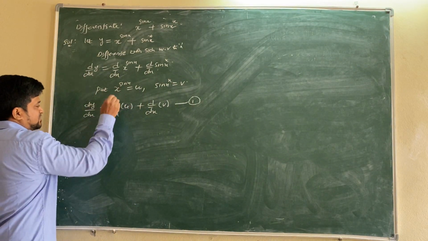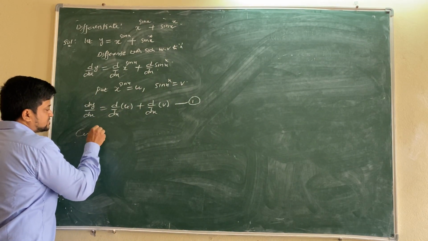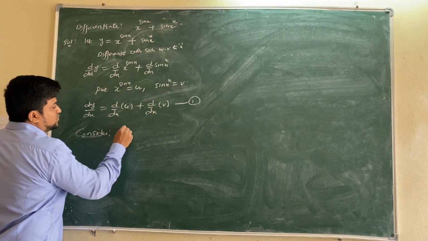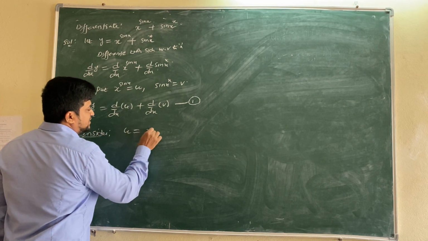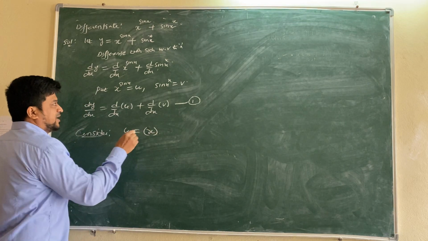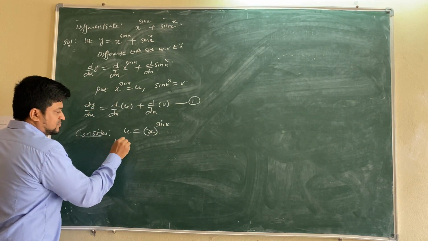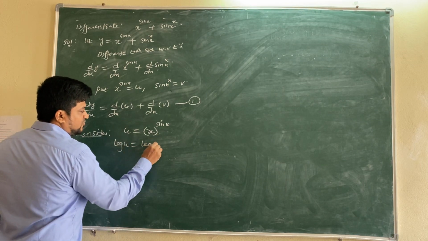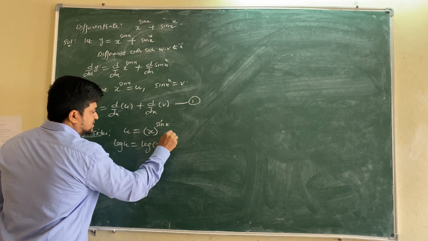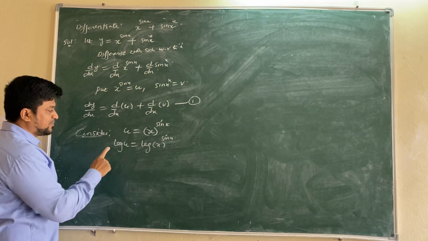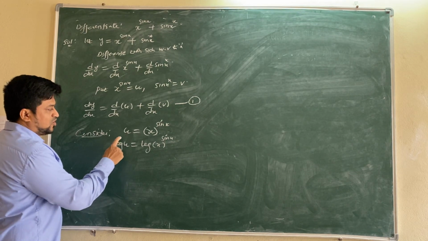Now we are taking this one, consider u equals x power, take bracket for this one, power sin x, then apply log on both sides, log of x power sin x. Log x we are not applying, we are applying just log. Log then u.